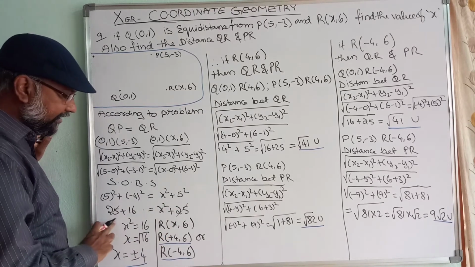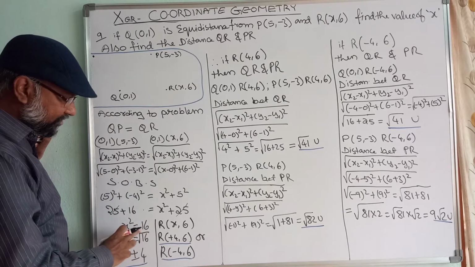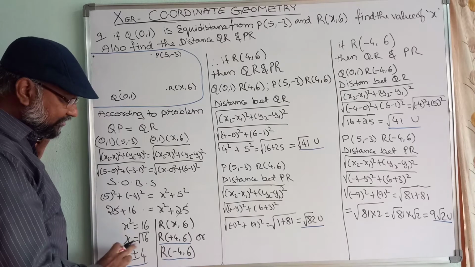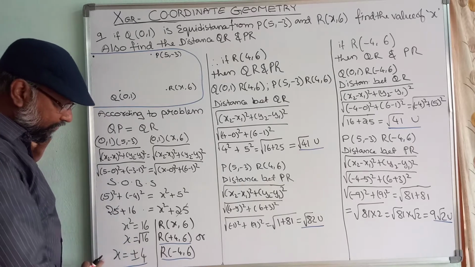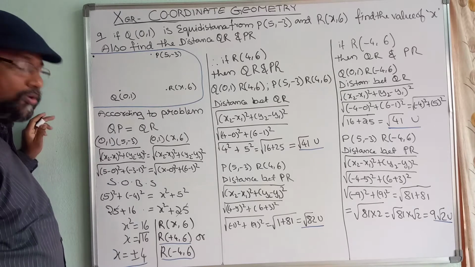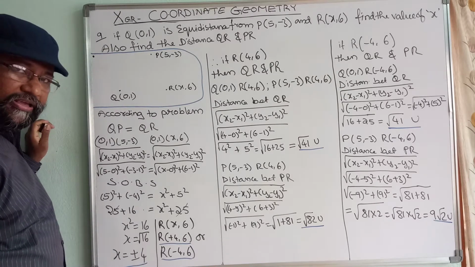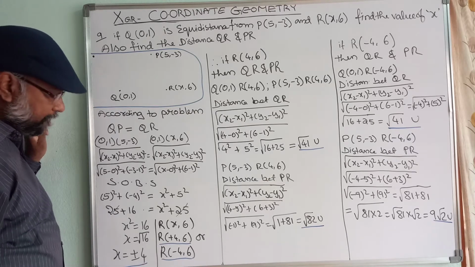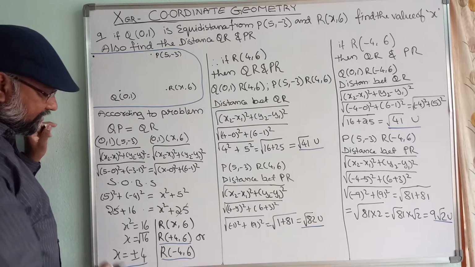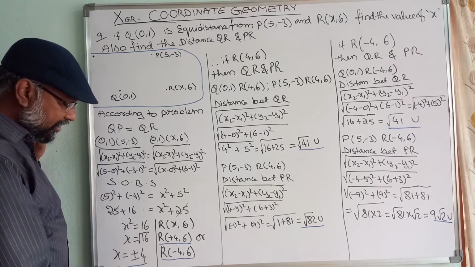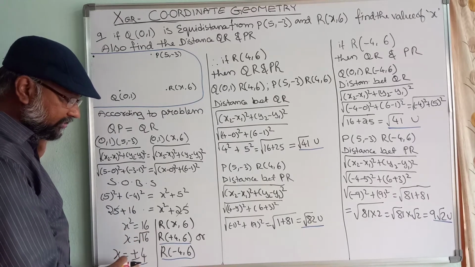So x squared is equal to 16, x is equal to root of 16. Therefore x is equal to plus or minus 4. Root of 16 is 4, we say, but x equal to root of 16 means x is equal to plus or minus 4.